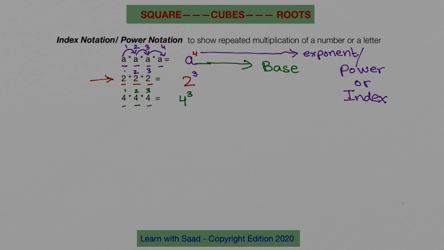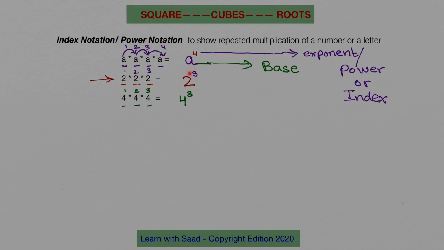According to index notation or power notation, this is our base part and the top part is the exponent, power or index. In most cases we use the term power: 2 to the power 3, a to the power 4, or 4 to the power 3.